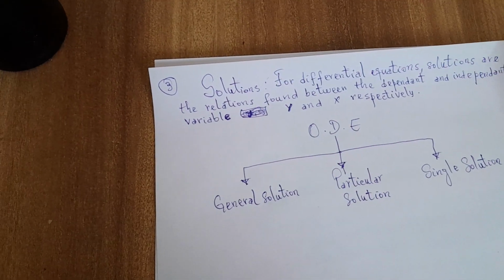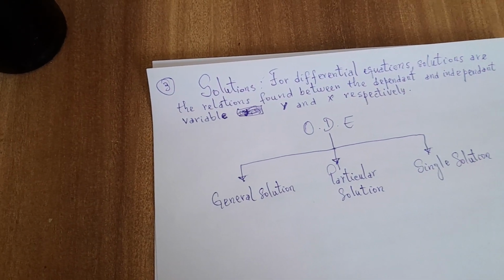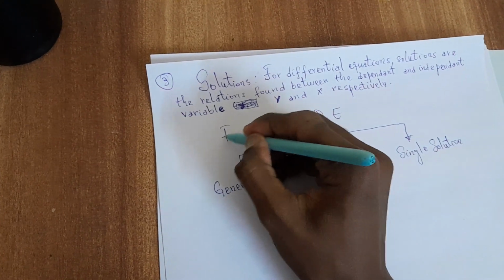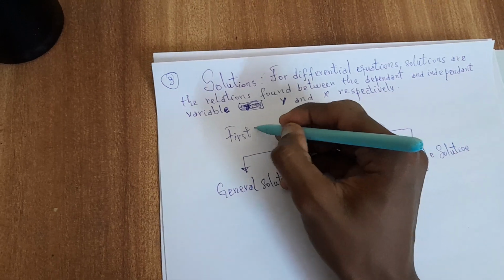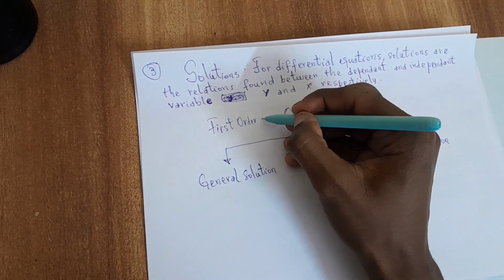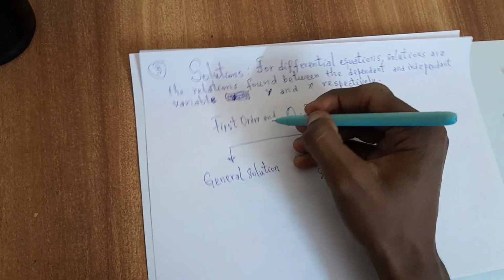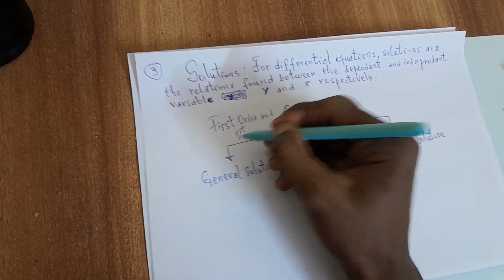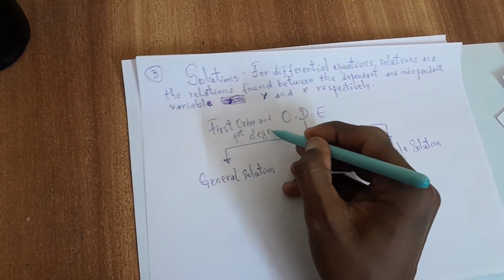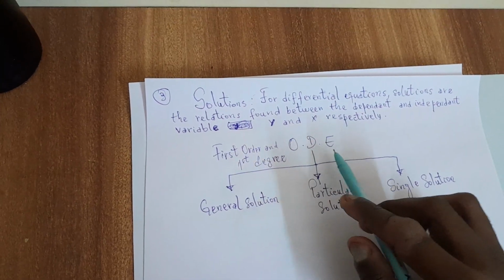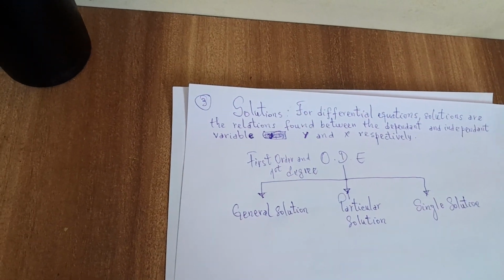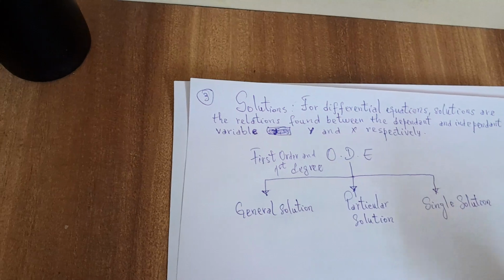Now, this is for first order and first degree ordinary differential equations. They usually have not only one solution.